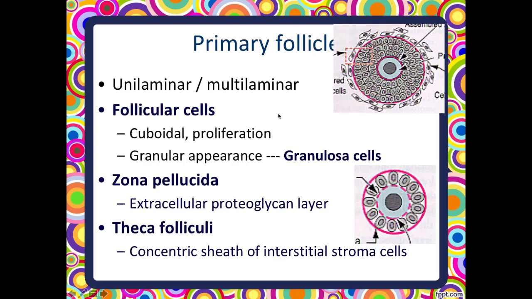On the other hand, the multilaminar primary follicle is made by one oocyte again. Now there is a proper zona pellucida, and many layers. Usually there are 3 to 5 layers of granulosa cells. Granulosa cells are still cuboidal, and they increase their number.